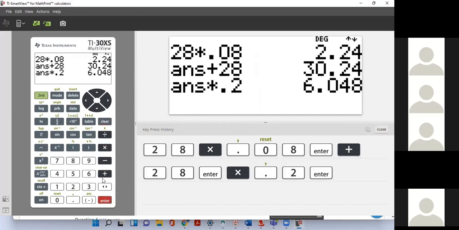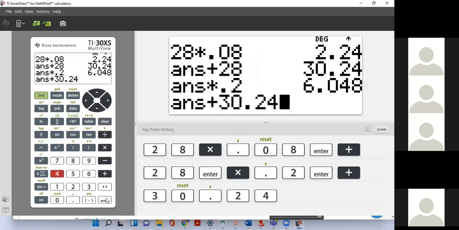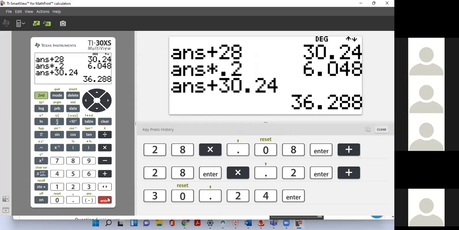Right? You then added the 30.24. So I don't know where you went wrong, but you still get the same 36.29. You still get the 36.29. I was getting 36.72. No, 36.288, and we rounded off to 36.29.